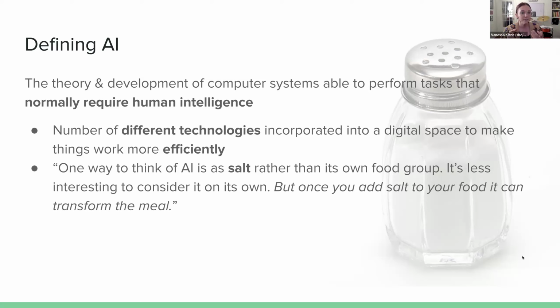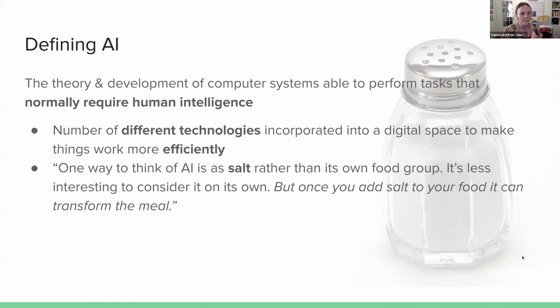The definition of artificial intelligence is the theory and development of computer systems able to perform tasks that normally require human intelligence. And so you got at this definition in the chat when you said things like AI maybe is going to take my job, but then some others said AI is not a human.